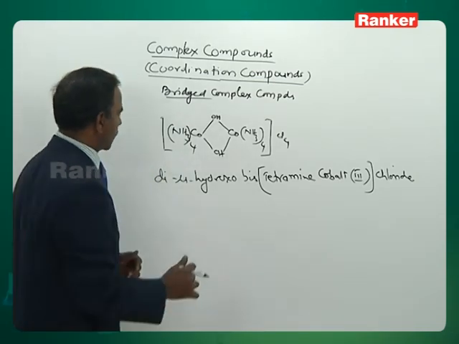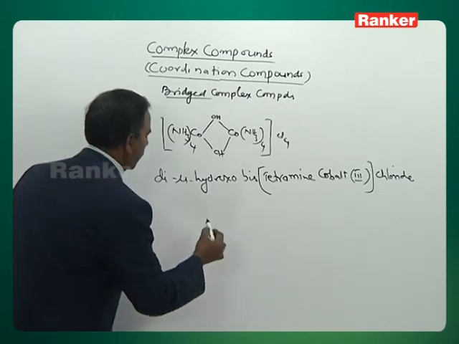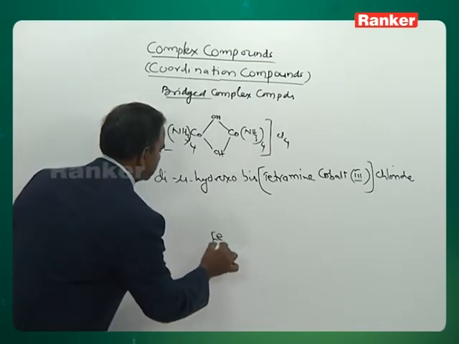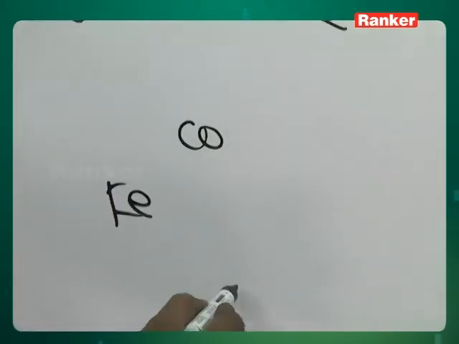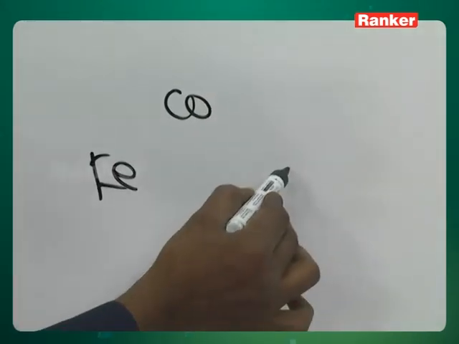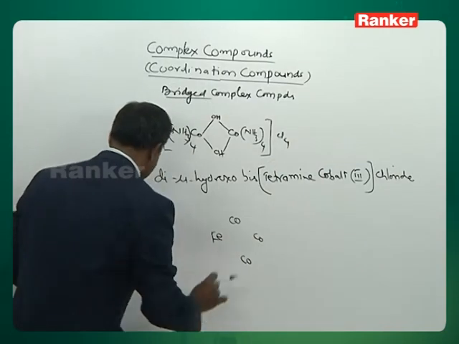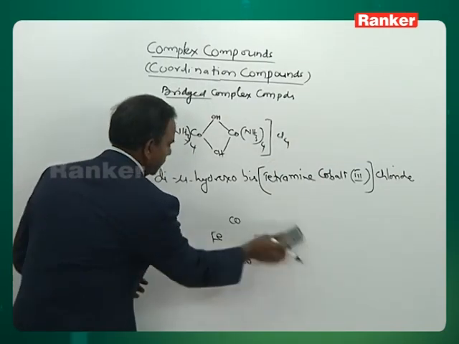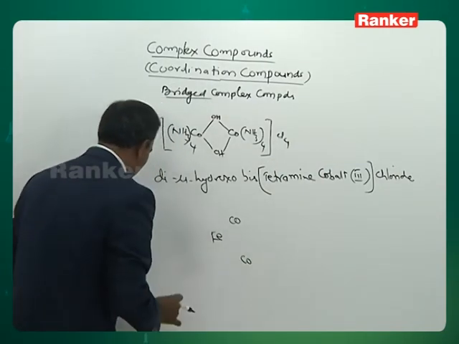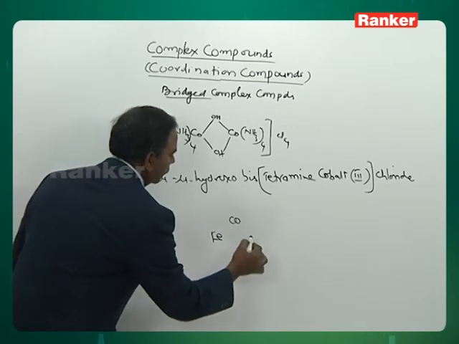Let me write one more easy complex. Look at the board. Iron carbonyl I am writing now, Fe(CO).